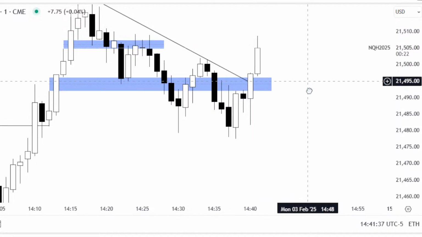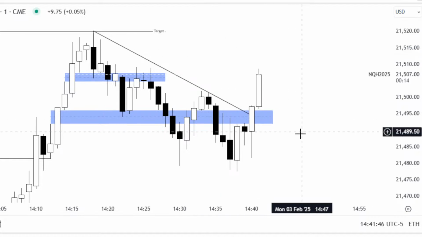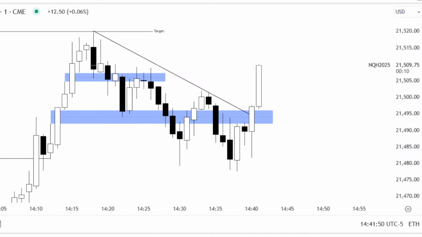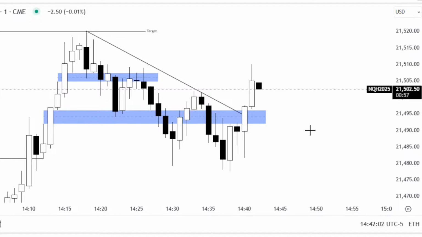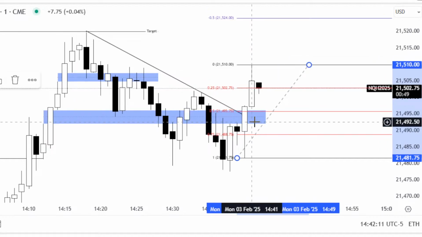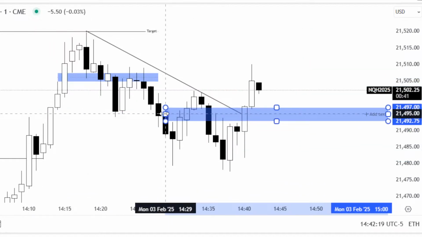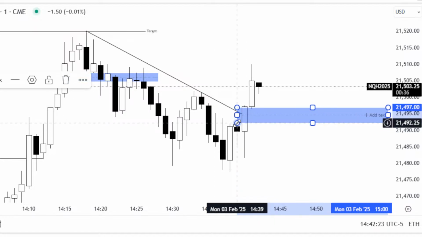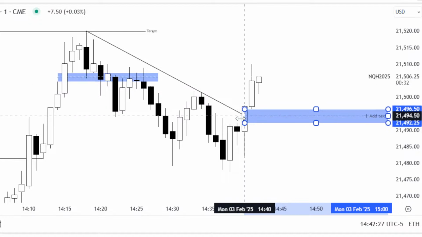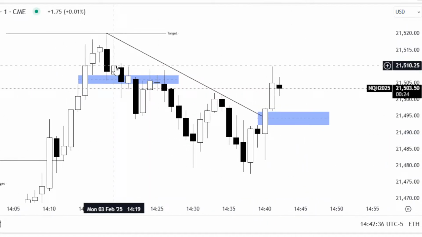Be nice to see some sort of a test if you want to go higher, but I think we might want to target these highs and then look for a lower push. 50%, right here in this fair value gap, but this is no longer, I mean, pretty cool highs there.